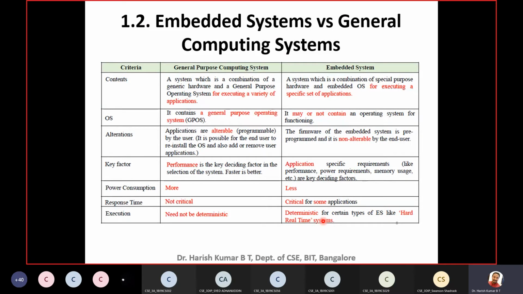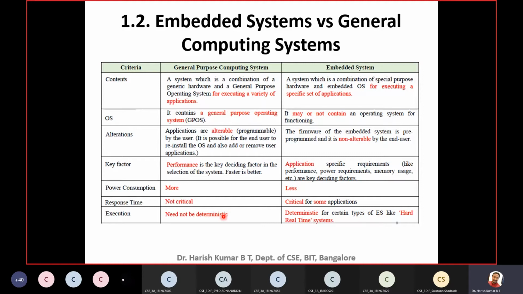If a task requires 50 milliseconds of execution and starts at the 20th millisecond, then at the 70th millisecond the task must complete its execution. That is the reason we say it is deterministic, whereas in the general purpose computing system, it is non-deterministic.